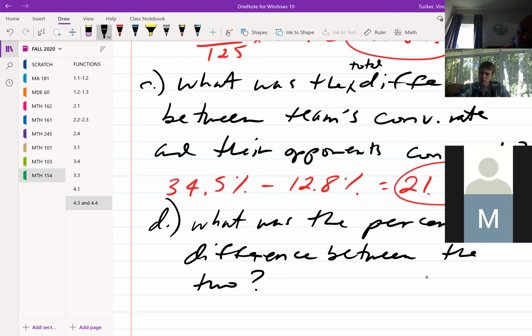All right, so what was the percentage difference between the two? Let me just make sure I didn't leave out anything between the team's conversion rate and the opponent's conversion rate.